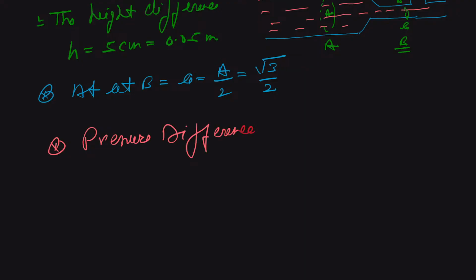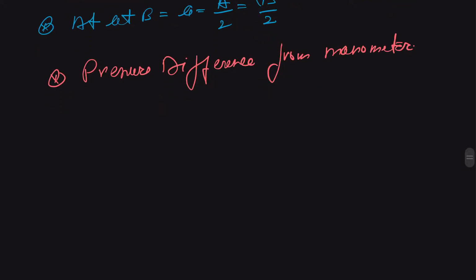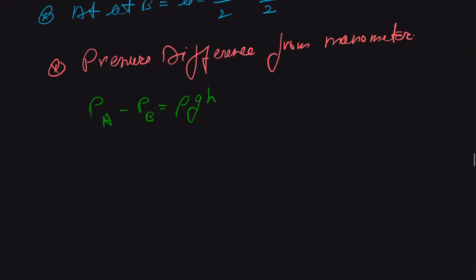Pressure at A minus pressure at B will be giving us rho g h. These are given to us, so this is 1000 times 10 times 0.05.